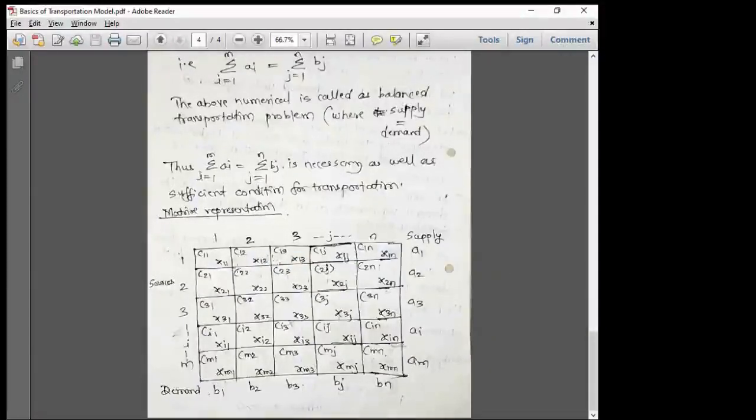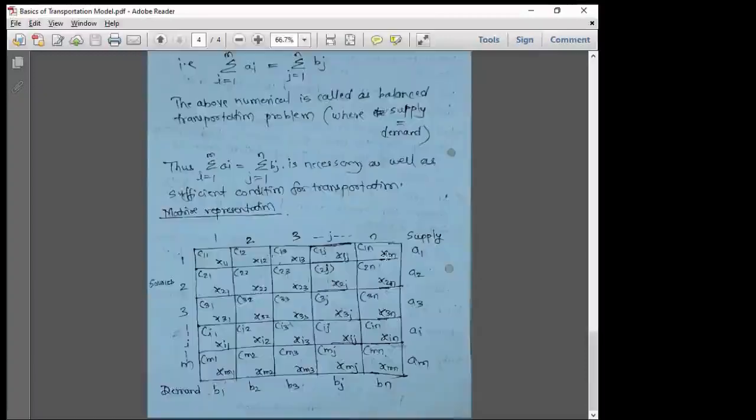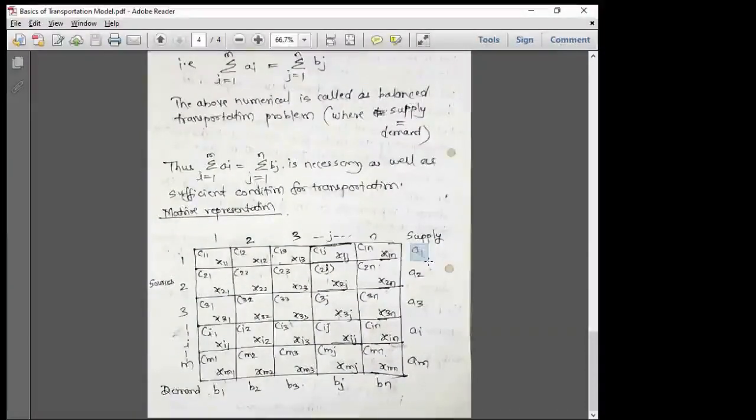So addition of all these units should be equal to A1, because that is the total supply for that particular factory. So here you will be seeing that x11 plus x12 plus x13 plus x1j plus x1n should be equal to A1, and this A1 value is already known to us.